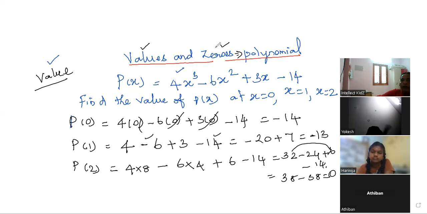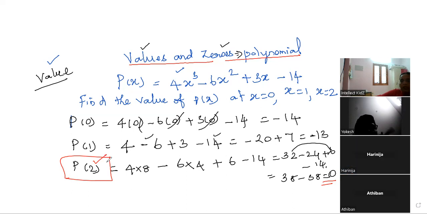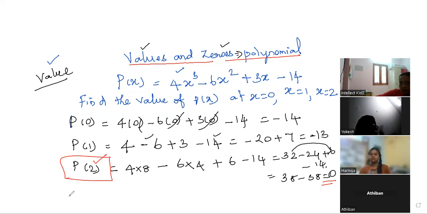Okay. So while finding the values for this polynomial, I have seen that when I substitute x equal to 2, I am getting the value as 0. Okay. So 2 substitute பண்ணும்போது எனக்கு என்ன வேல்யூ கிடைக்குது? polynomial ஓட வேல்யூ 0 கிடைக்குது. So எப்ப 0 கிடைக்குதோ அப்ப நம்ம என்ன வேல்யூ சப்ஸ்டிட்யூட் பண்றோமோ that is called as the zero of the polynomial.